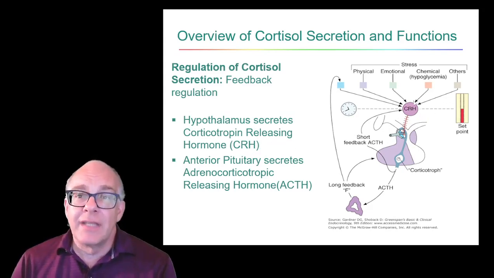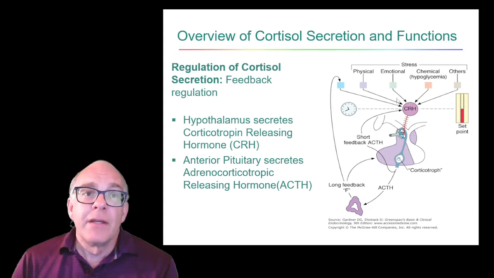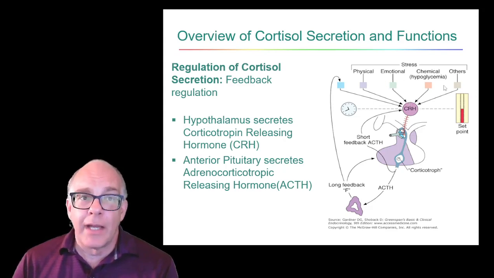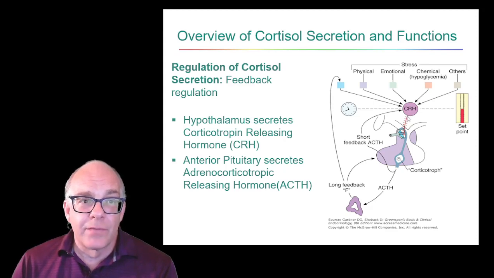Cells located within the hypothalamus respond to these stress stimuli, recognize them, and release this hormone, corticotropin releasing hormone, CRH, which gets into the circulatory system, into a series of blood capillaries, and is transported through this relatively small distance into the anterior pituitary, where CRH stimulates cells within the anterior pituitary to secrete ACTH. ACTH is adrenocorticotropic hormone.